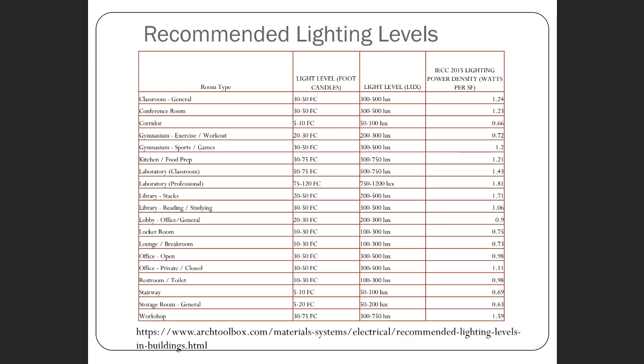Again, sorry for a lot of text here on the slide, but you or your lighting designer, your electrical engineer will have a table like this in their handbook that will say for a particular usage, what are the recommended levels of foot candles. That little FC there is foot candles, right? So what's the light level that's recommended?